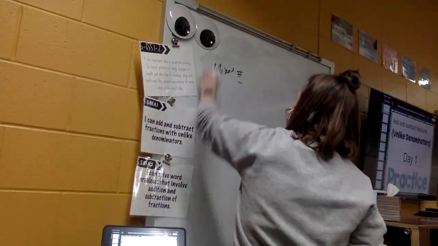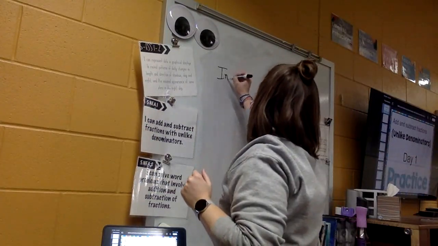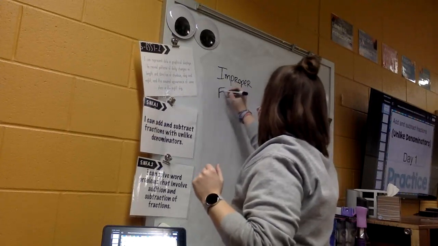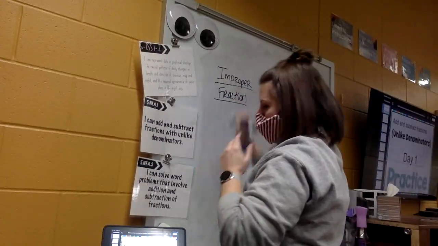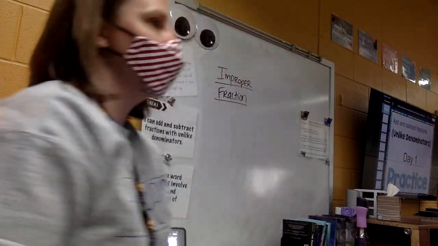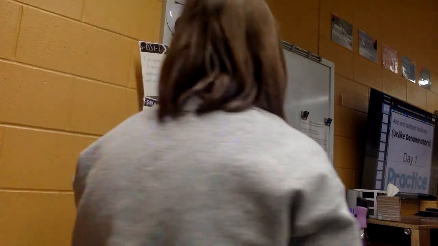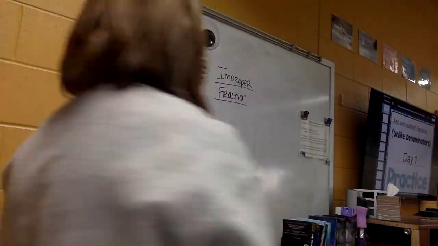Now, we're going to talk about what Addie was just talking about, an improper fraction. So an improper fraction, the numerator is bigger than the denominator.